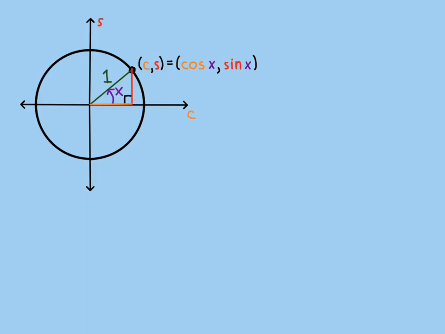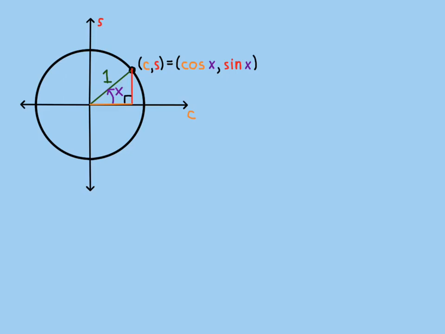So on the unit circle, the height of your point, if it's above the c-axis, is sine x. And how far over to the right or left from the S-axis, well, let's just say to the right, we just do everything positive right now.